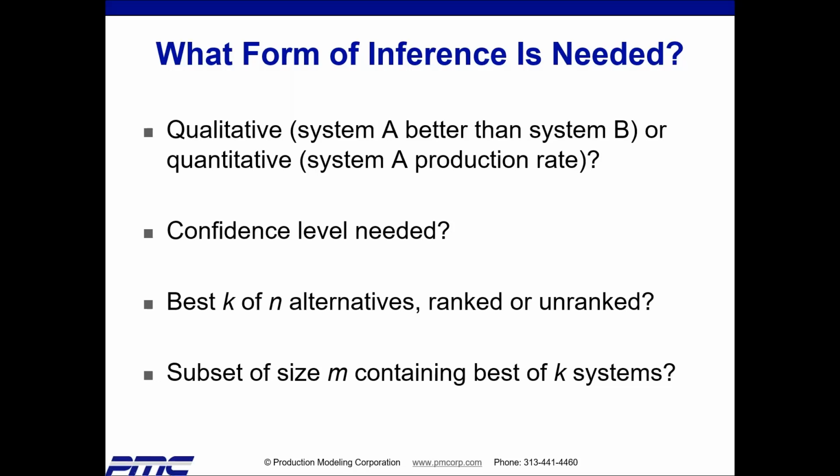If it's going to be quantitative, will we meet our contract obligation of so much throughput per hour? And at what confidence level? 90, 95, and 99 are common. Those are going to affect how accurate the data going into the model has to be.